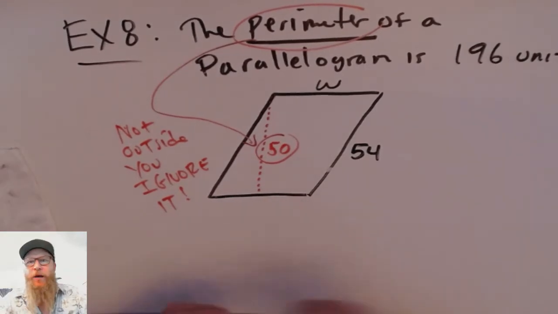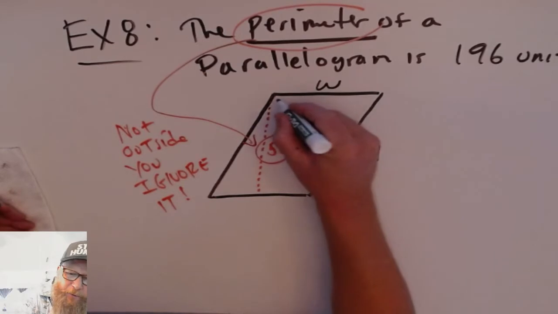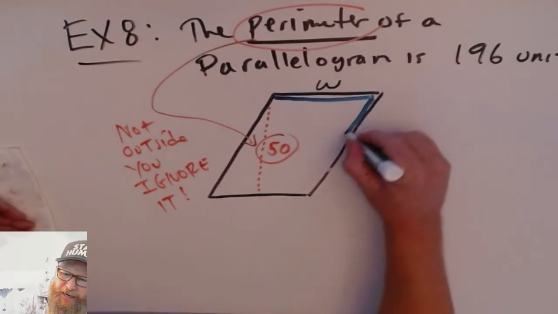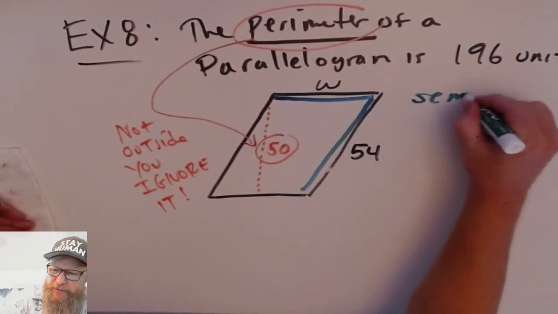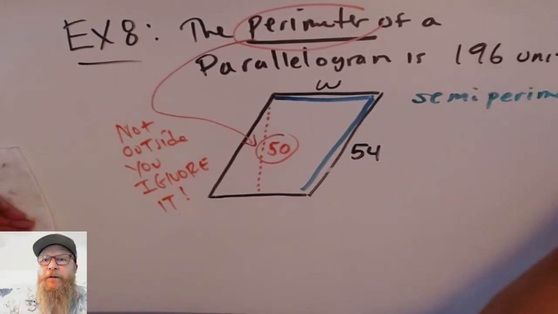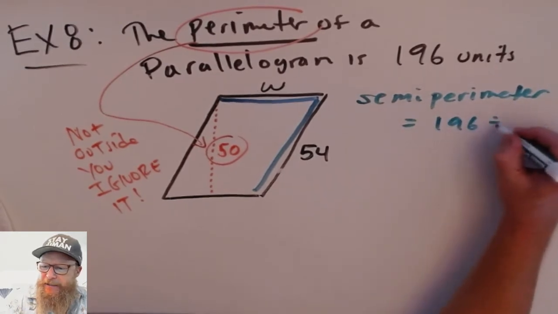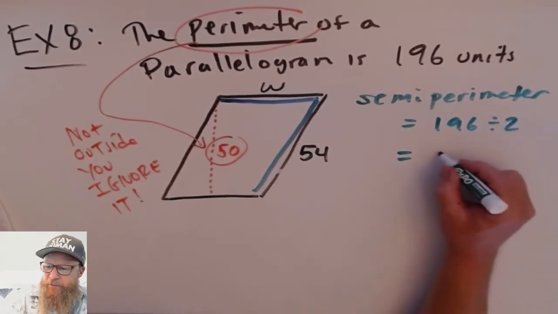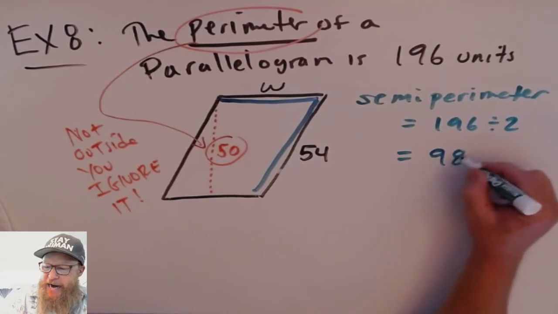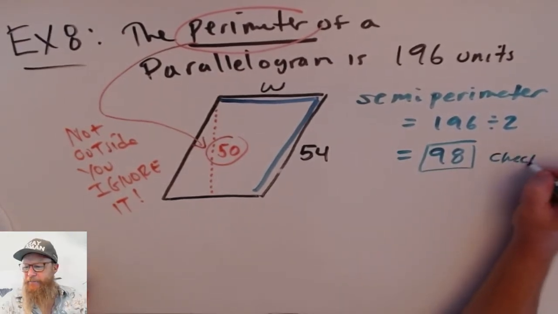Okay, so we want the semi-perimeter. The semi-perimeter is two of the sides. The semi-perimeter is 196 divided by 2, which I think is 98. I did that in my head, so you might want to check that.